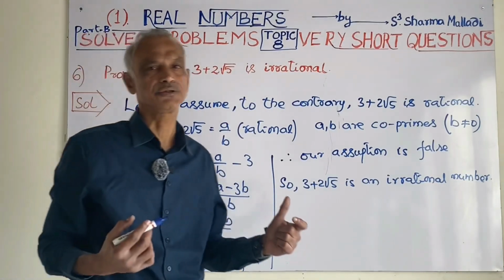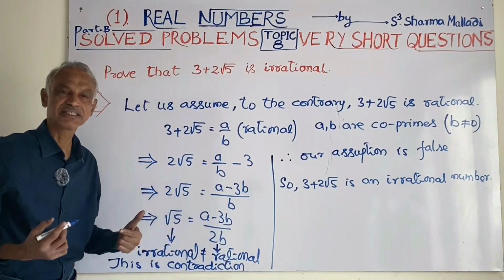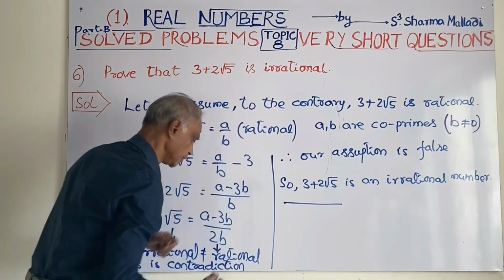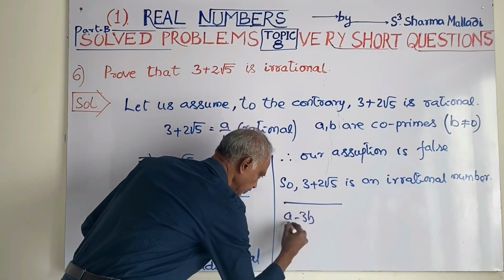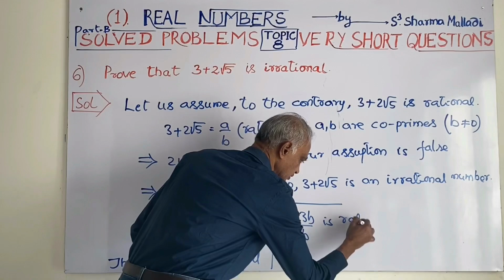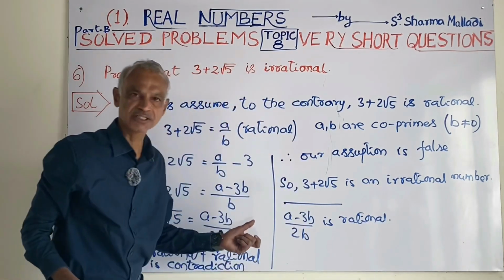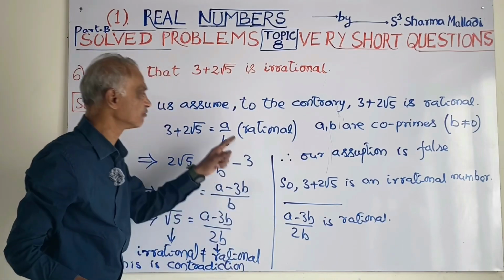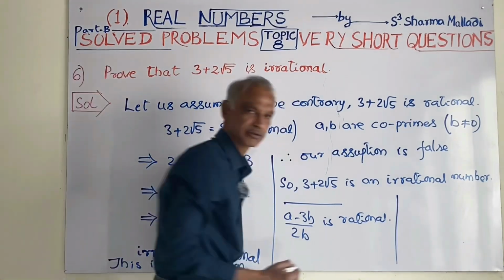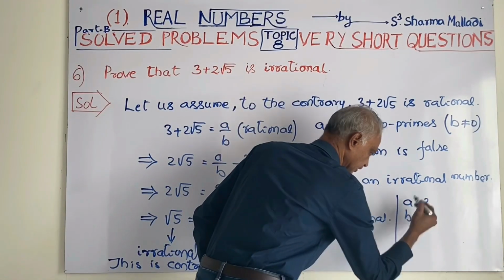I want to tell one thing to you. You will have a doubt how (a minus 3b) by 2b is a rational number. I will tell you, it is rational. How? You see, a and b are integers. They are co-primes. You take a is equal to 2 and b is equal to 3.